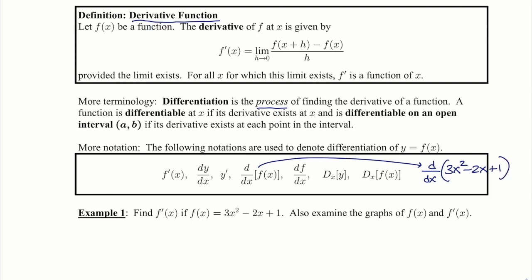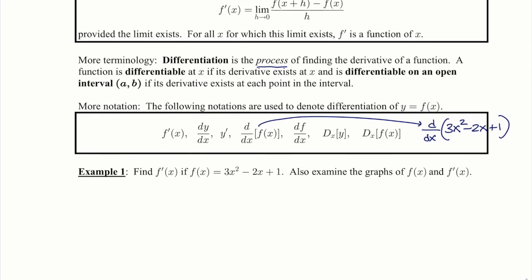So this d dx is almost what's called an operator, and it takes an input. So you'd say the derivative of, and then say which function you're differentiating right after it. And then these others, df dx, or the capital D with a subscript x, that's the differentiation operation. And the subscript is telling you what the independent variable is, what the input is. And that notation is used more in physics, is my understanding.